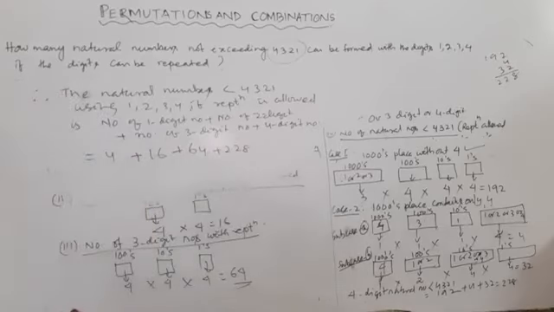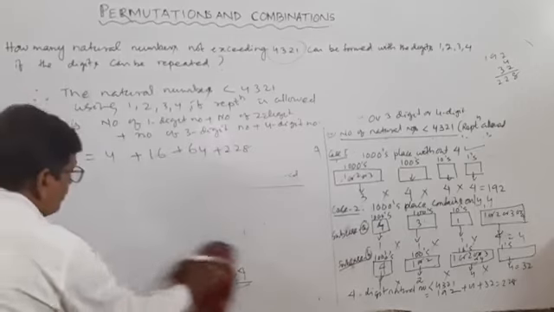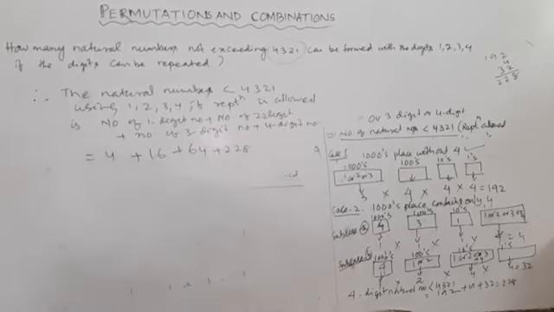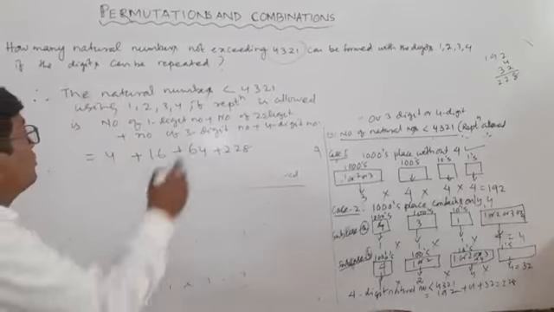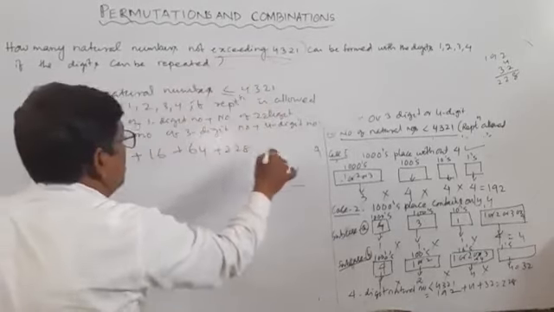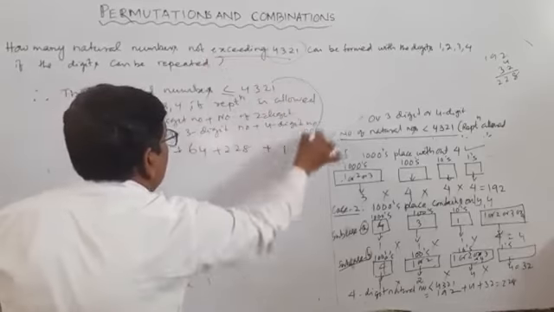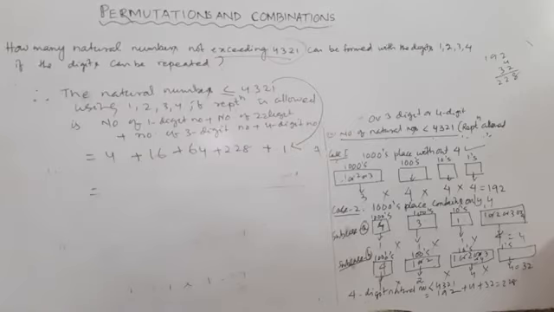Now the sum is what? The question is the natural numbers less than or equal to, not exceeding, so the number may be equal, so plus 1. Add this, 3, 1, 3.